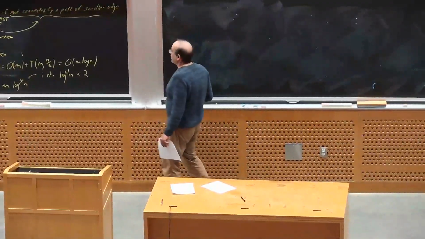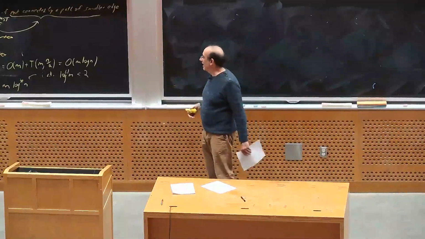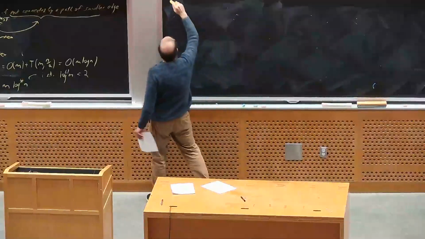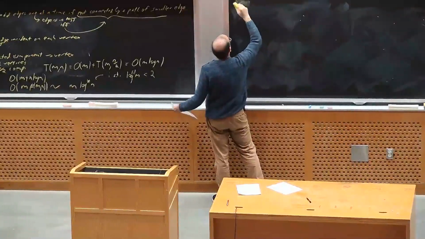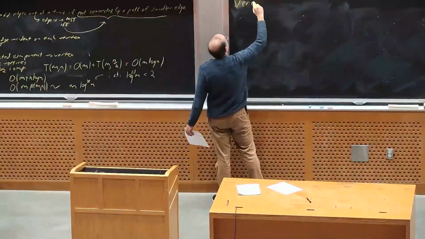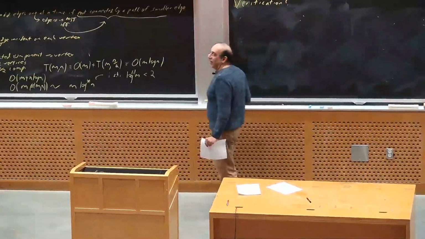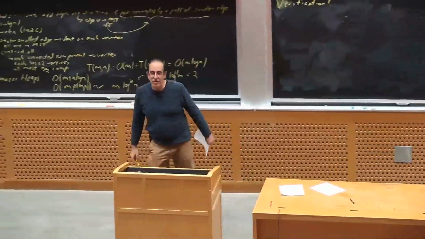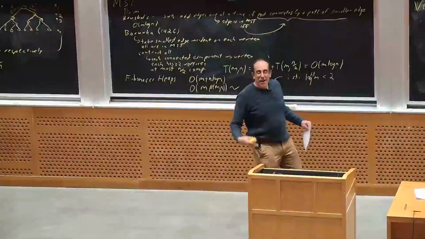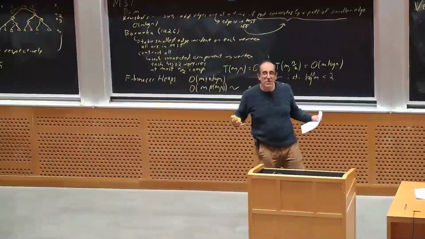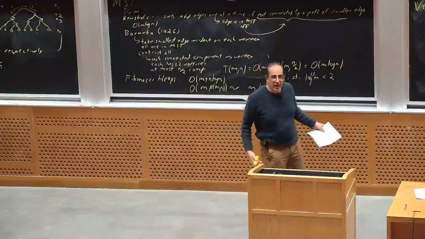So people worked on it, but couldn't really progress beyond this log star n. Because constructing was hard, people looked at an easier problem, which was verification of a minimum spanning tree. We've talked already about verifying versus constructing. If somebody gives you the tree, how hard is it to tell you that it is in fact the minimum spanning tree?